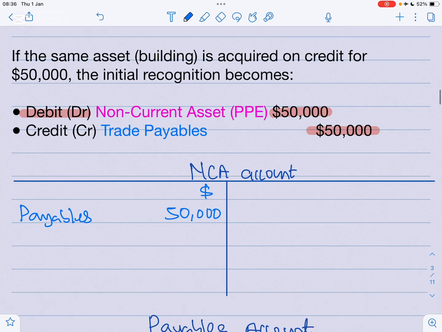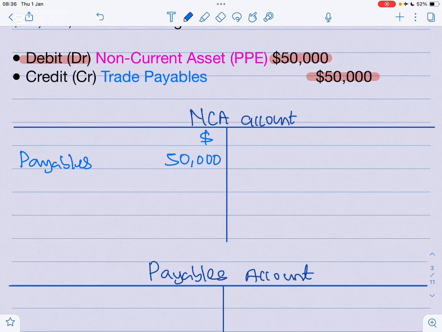Good. So anybody that is reading this account knows that there's been an addition to our non-current assets accounts. We've acquired an item of non-current assets, but the means of acquiring this is through a liability. Good. All right, moving on.